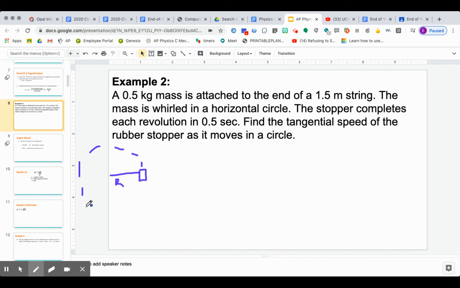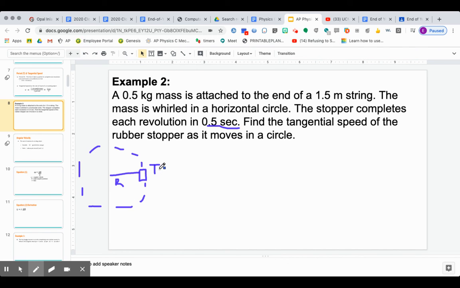So this is a bird's eye view here, say around someone's head. The mass is 0.5 kilograms. This stopper completes each revolution in 0.5 seconds. So that means that it travels one revolution, one cycle, also known as the circumference of the circle, in 0.5 seconds.